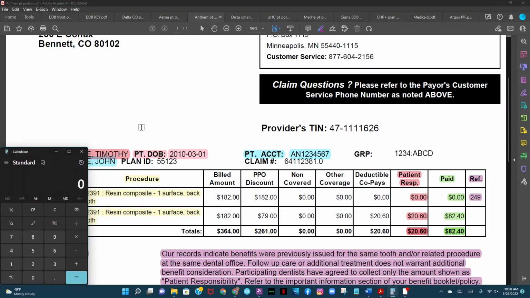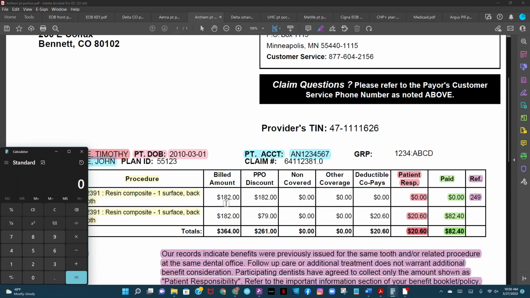There's a couple ways we could figure it out. We could do what we typically do, which would be the $20.60 plus $82.40 is going to equal $103. Or another way to do it, as you can see here, we have the billed amount. Okay, so that's going to be the fees that we submitted, and then the PPO discount. So this is what we're going to subtract, the billed minus the discount, and that's going to actually be our fee.